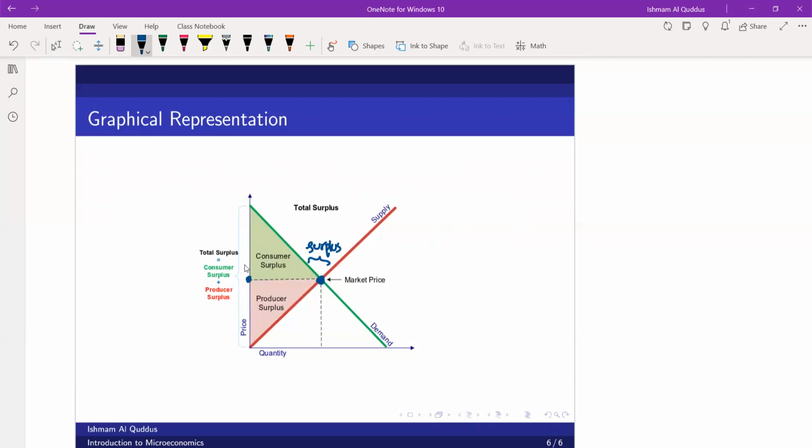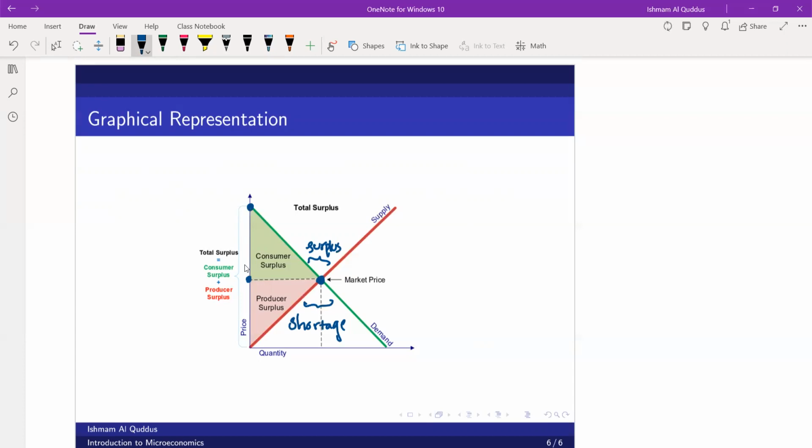So inefficiency, irregularity. If you engage in a market where the price is below the market price, then you observe another sort of problem, which is shortage. So there are irregularities.